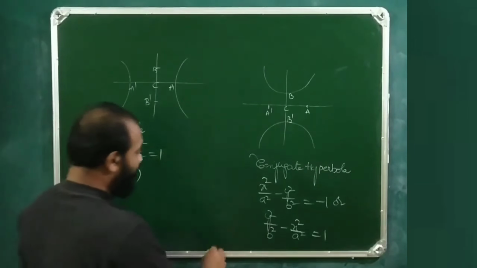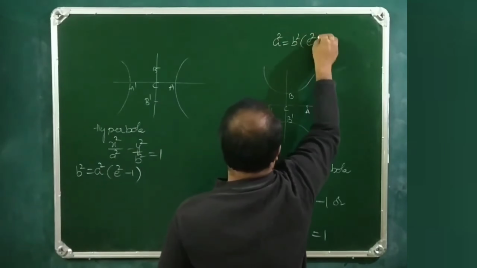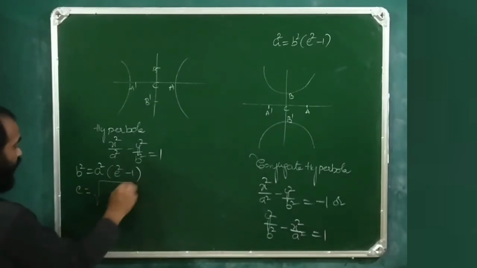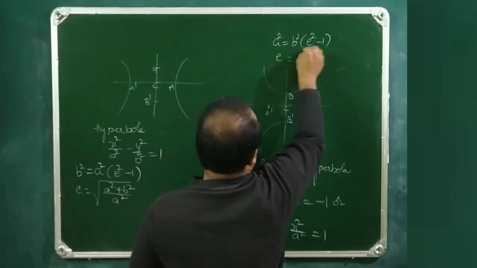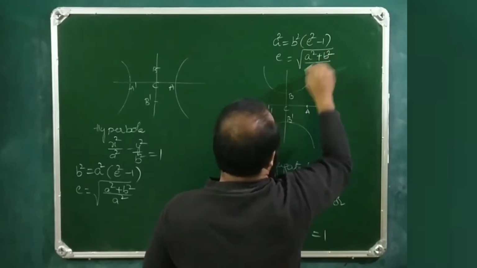For this one, a square equals b square into e square minus 1. So here e equals square root of a square plus b square by a square. But here e equals square root of a square plus b square by b square.